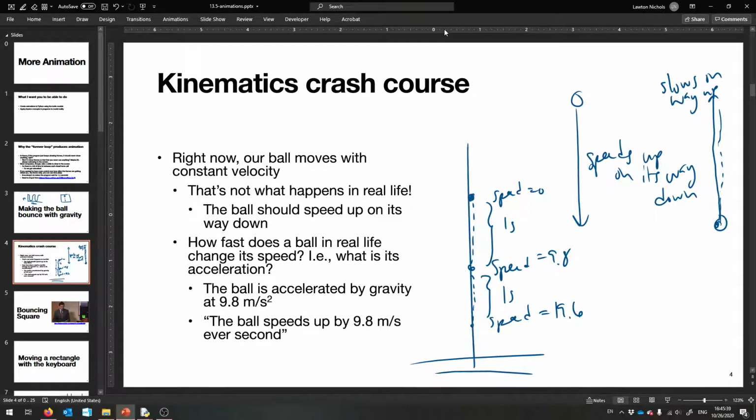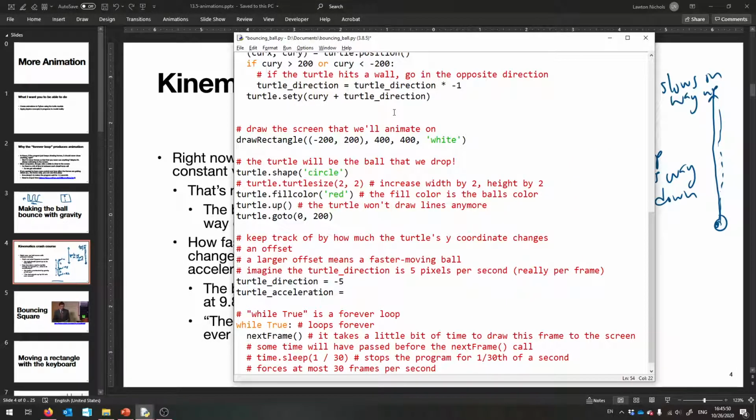This is like a coordinate system, and the ball's right here versus right here versus right here. Acceleration's moving it downwards in the negative y direction. Okay? So really the acceleration should be negative something. Like we should say negative 9.8 or something. But this is probably going to be way too fast. But we can try it.